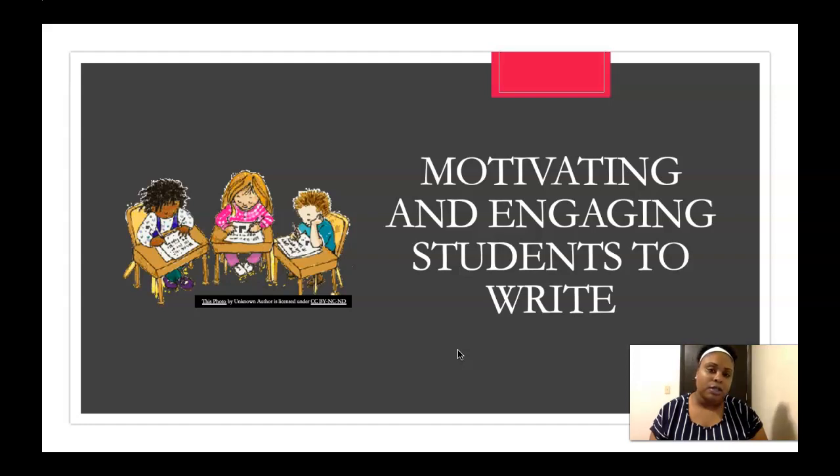For your first step, you're going to ask your students to identify and discuss adults that they admire. Okay, this can be anyone. It could be a family member, a friend, a teacher, a sports figure, anyone.